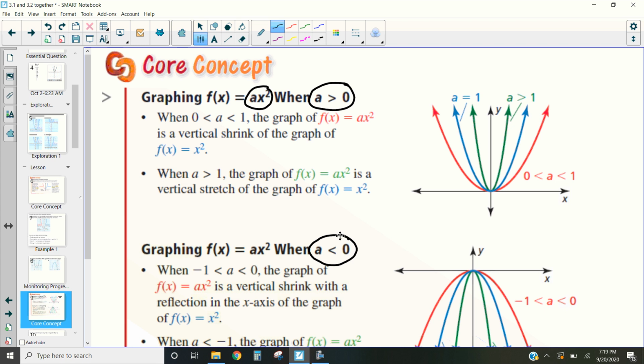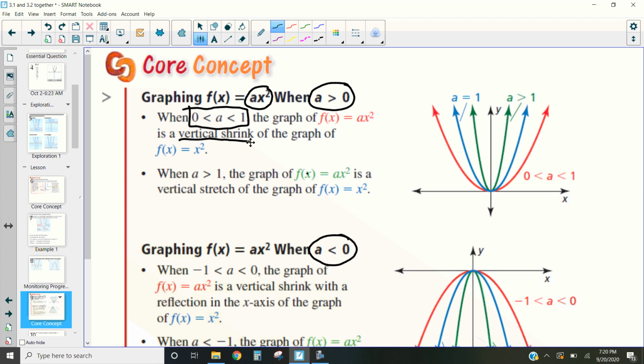So when a is greater than 0, two different things are going to happen. If that number is between 0 and 1, so 1/2, 2/5, 3/4, anything like that, so we see a fraction there, we're going to have a vertical shrink. So remember our rubber band example.